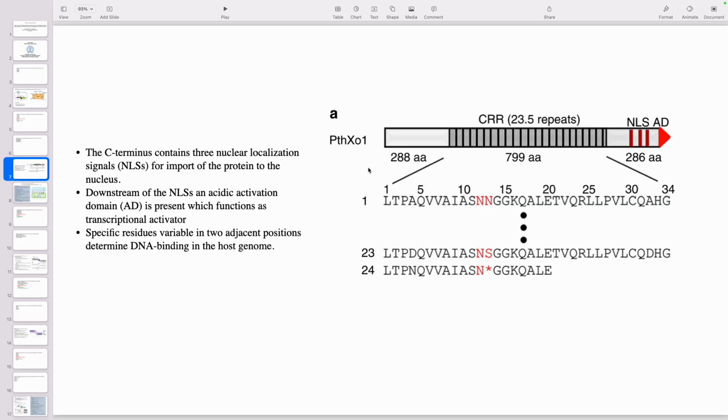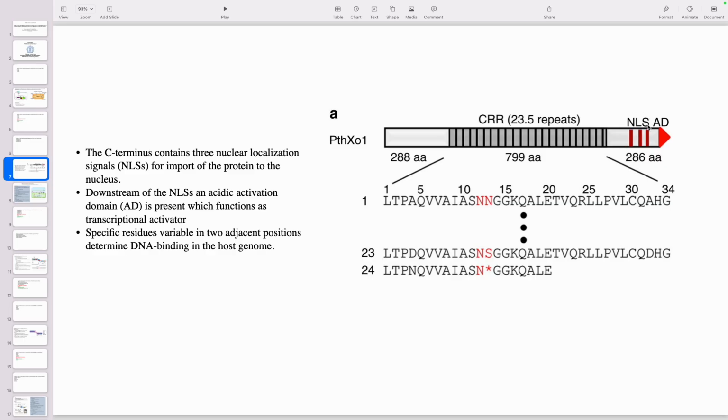So the structure of this PTHXO1 TAL protein is such that it has a C terminus nuclear localization signal, which helps in importing this protein to the rice cell nucleus.